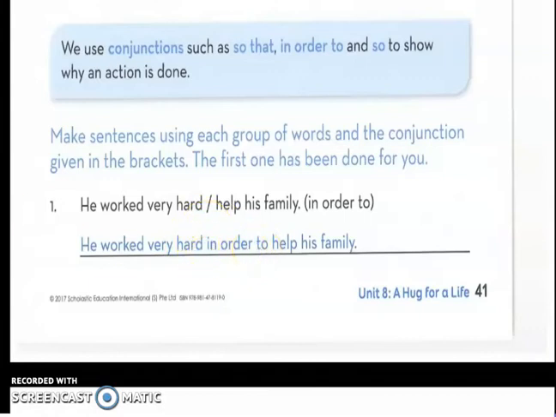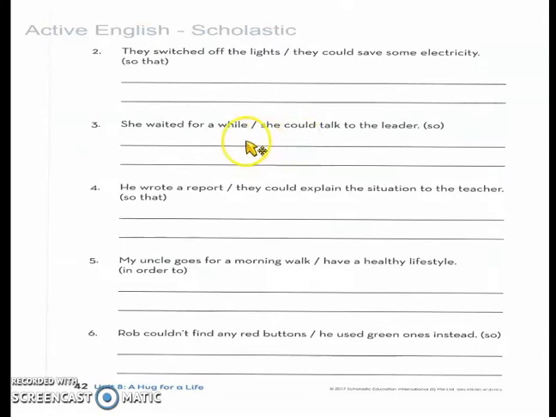Let's go to page number 42. Number 2. They switched off the lights. This is the action. They could save some electricity. And this is the reason. And we want to join the sentence using so that.